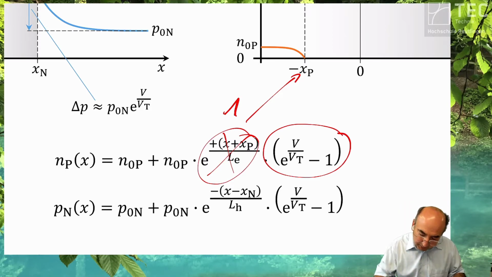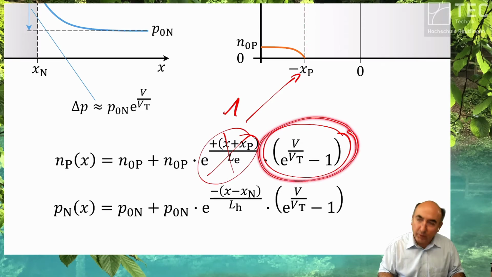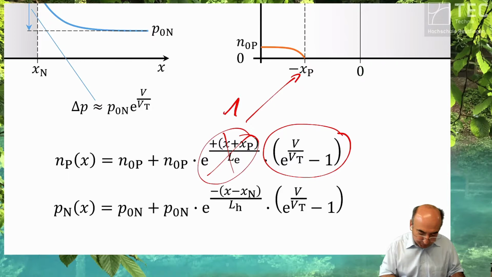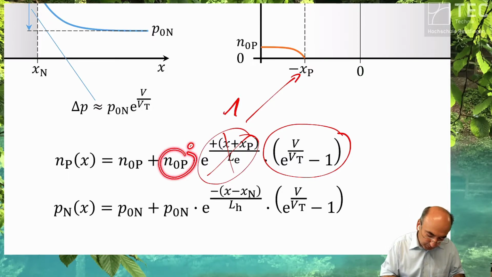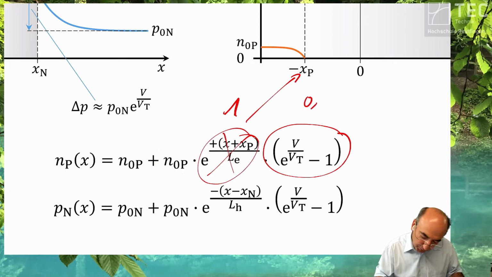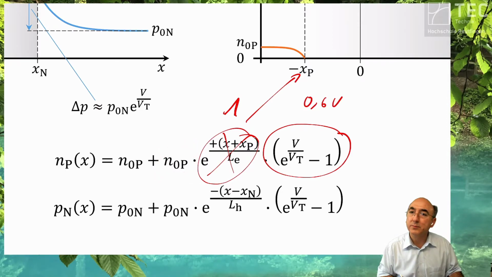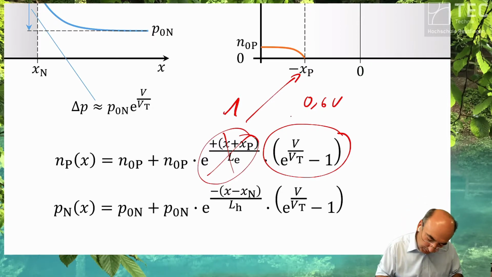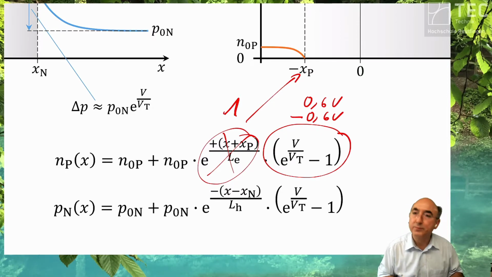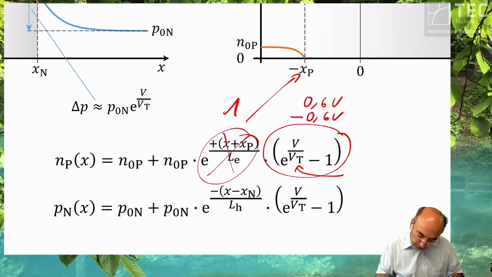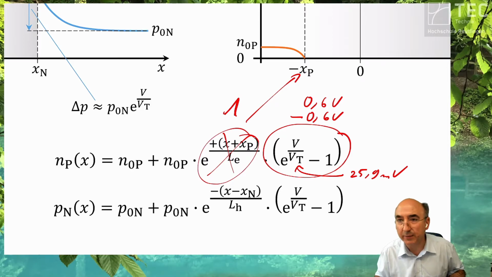Please calculate at the space charge boundary the voltage induced factor which is multiplied with the minority carrier concentration. First, with 0.6 volt. Second, with minus 0.6 volt. And assume that the VT is 25.9 millivolt, so 300 Kelvin.